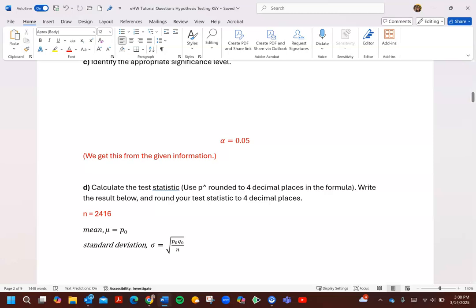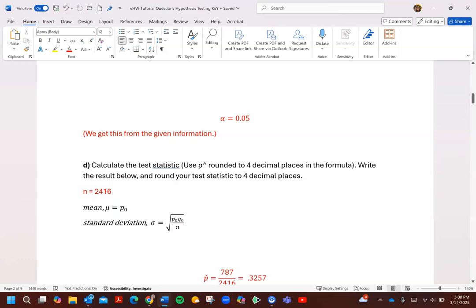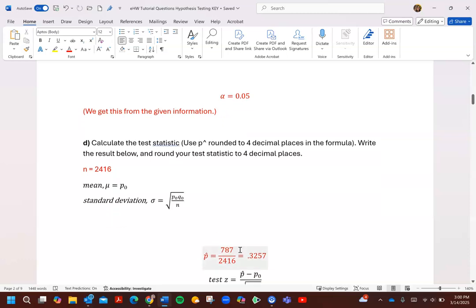So we're going to take that p sub 0 times q sub 0, which is just 1 minus the p, and divide that by n, and then take the square root. So I have a feeling that sometimes people just forget to do the square root. I've done that. It's pretty easy to do. So one thing we have to do is figure out our pieces here to use our formulas.